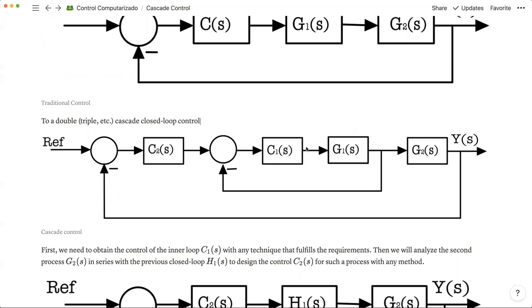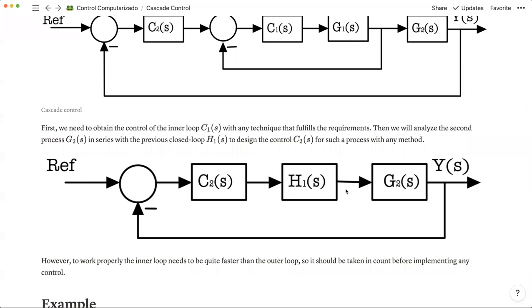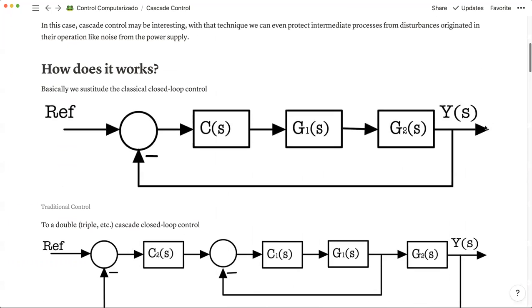First, we will design C1 of S control for the first process G1 of S, and we will implement that in closed loop, and we can now substitute or see this block like H1 of S like this. With that, we will design the control C2 of S like we will do in the traditional case.